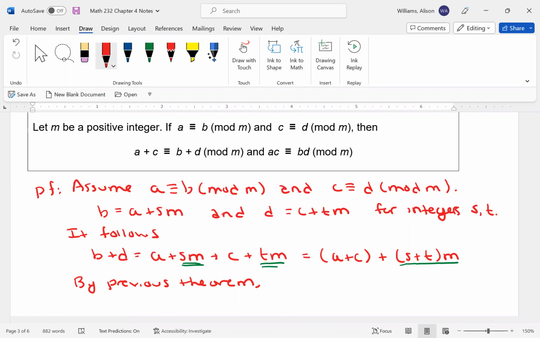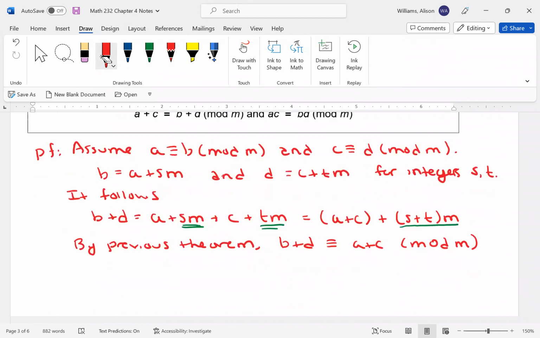By previous theorem, we could say that b plus d is congruent to a plus c mod m, which is the statement above, just in reverse. I guess I didn't need parentheses around that. Okay, so we did it.